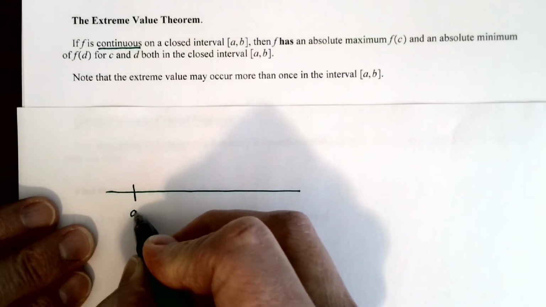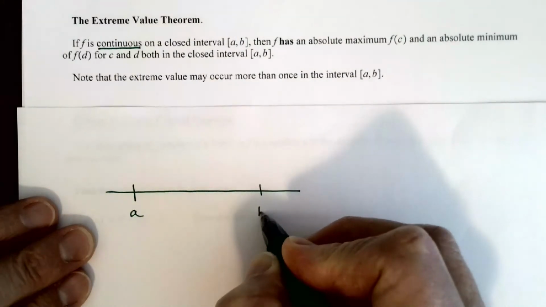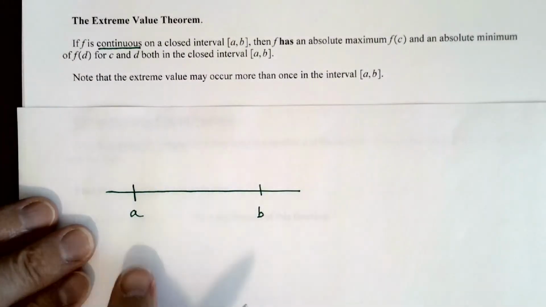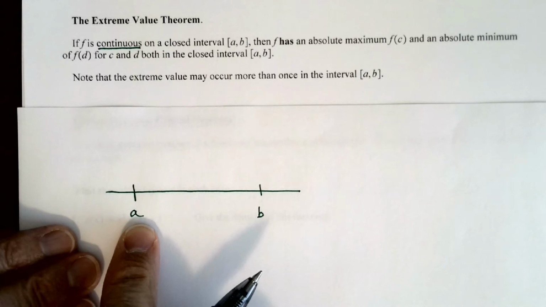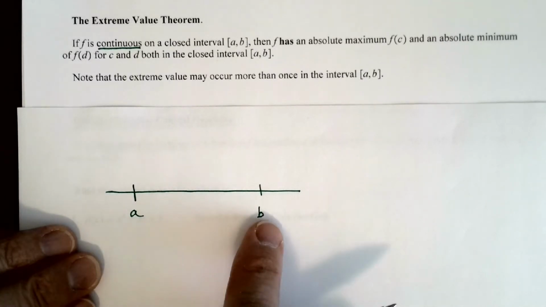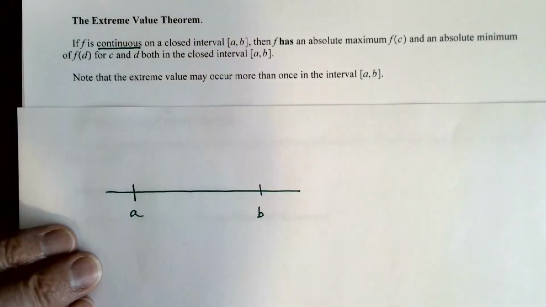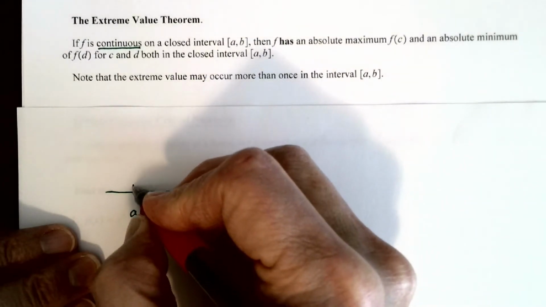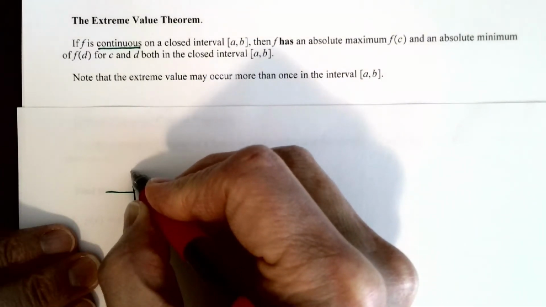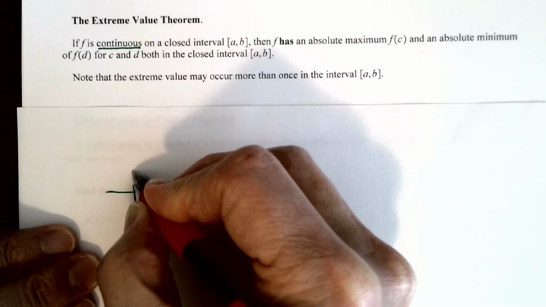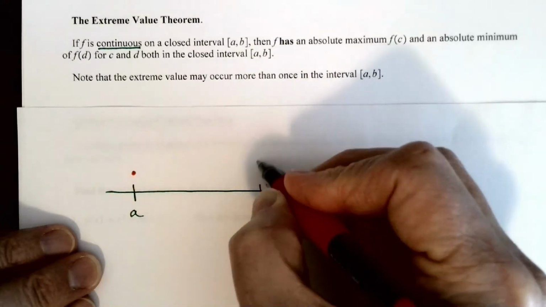So let's say from a to b, a being the lower left-hand endpoint of this closed interval, and b being the right-hand endpoint. If I were sketching a function, and I said the value of the function at a is right here, and the value of the function at b is right here.